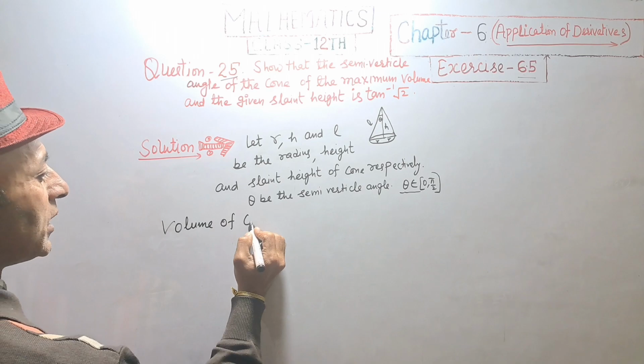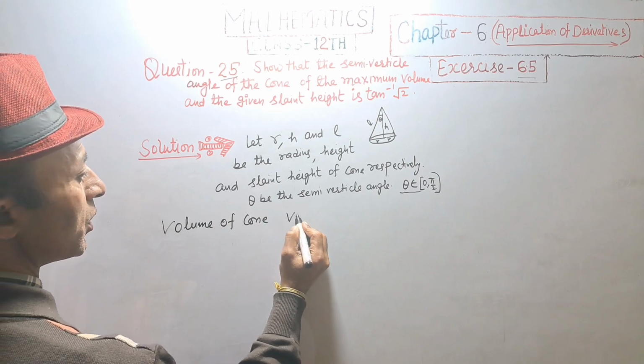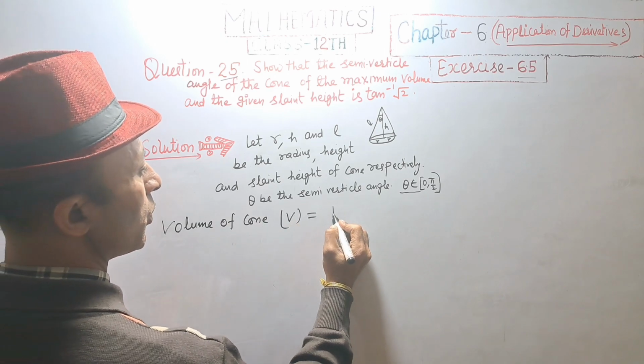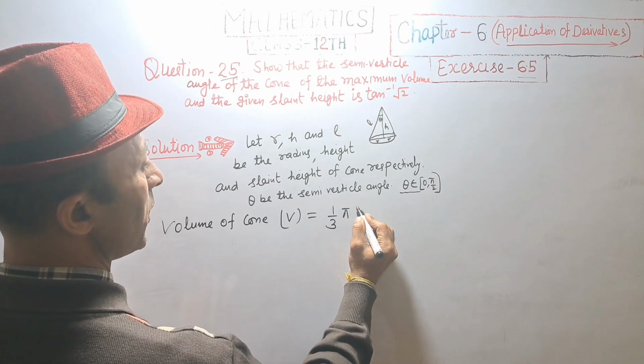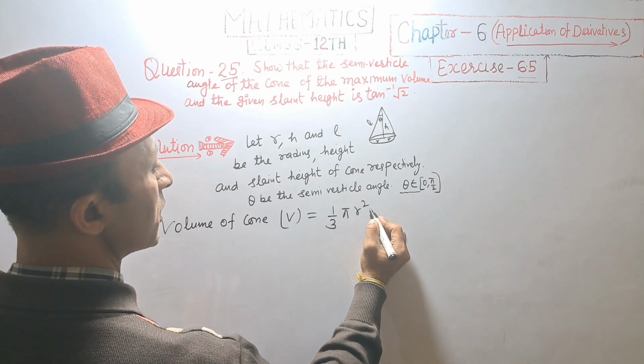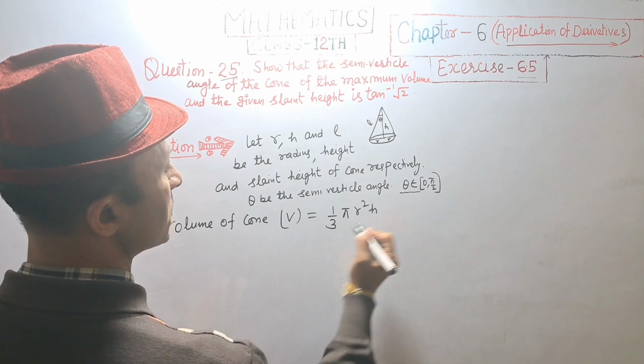Volume of cone is V equal to 1 upon 3 pi r square h.